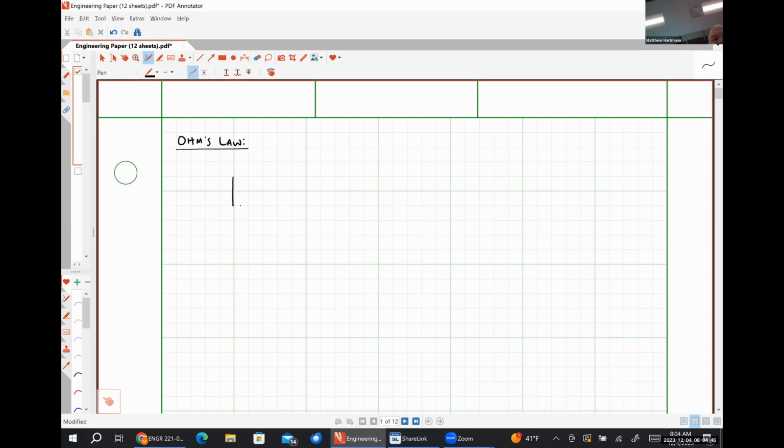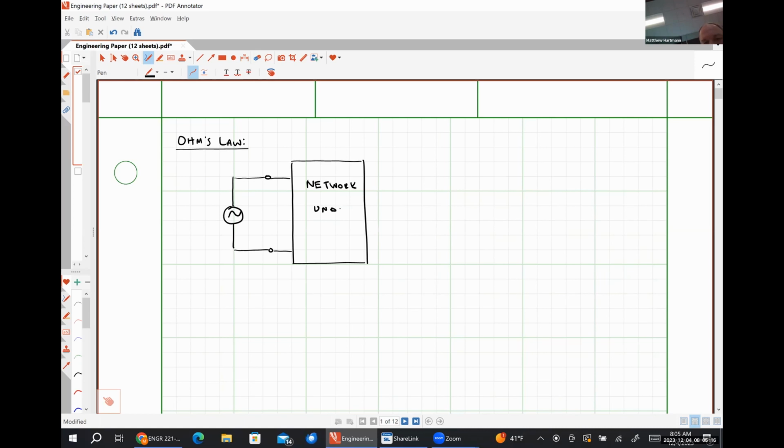So he took a network, and it was a two-terminal network under test. So here is our network under test.